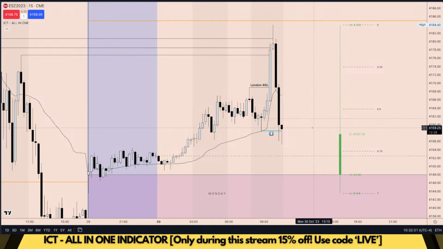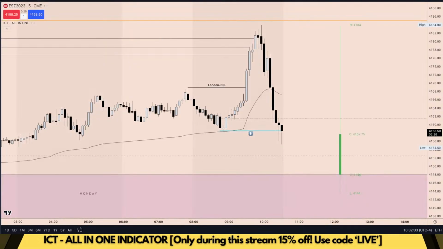So now 12 minutes until we get to 15-minute confirmation. 2.5 minutes until we could potentially get a 5-minute confirmation.